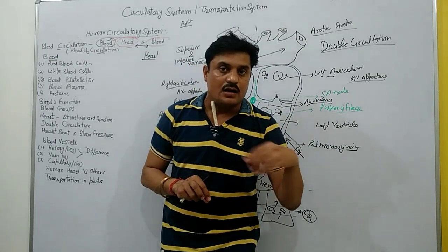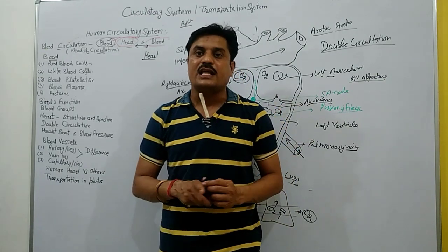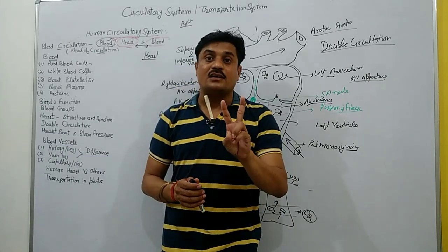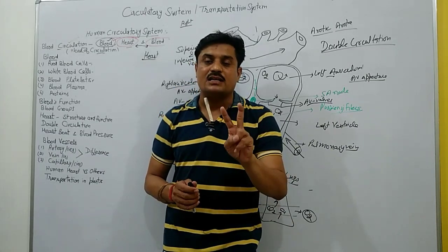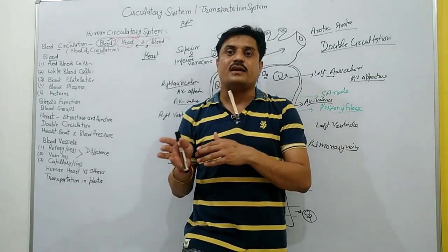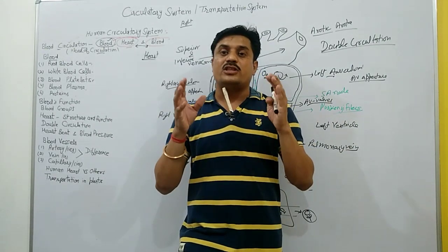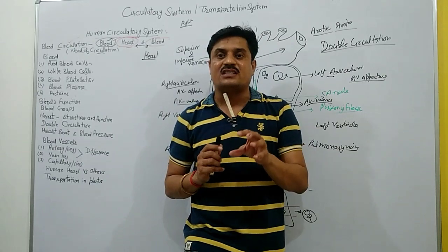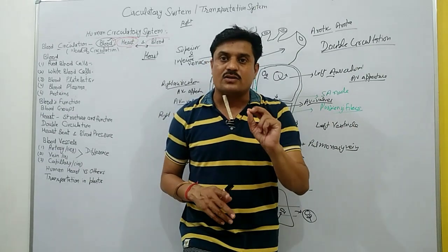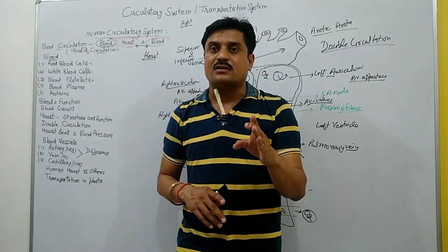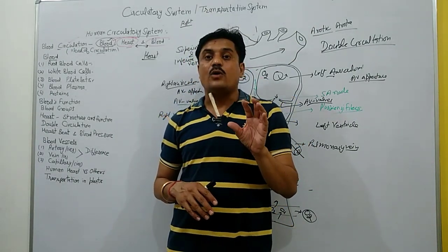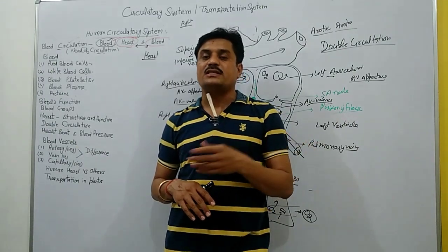And if we go for lower organisms, like in case of aquatic animals like fish, they have only 2 chambers in their heart, and there is no system of separation of the oxygen containing blood and the carbon dioxide containing blood. They have very strong capacity to tolerate the mixing of the carbon dioxide containing blood and oxygen containing blood, because such organisms survive in water, and they have gills for the exchange of oxygen and carbon dioxide.